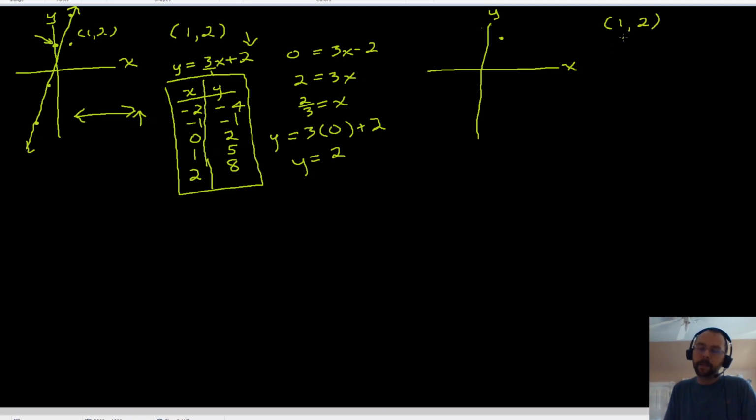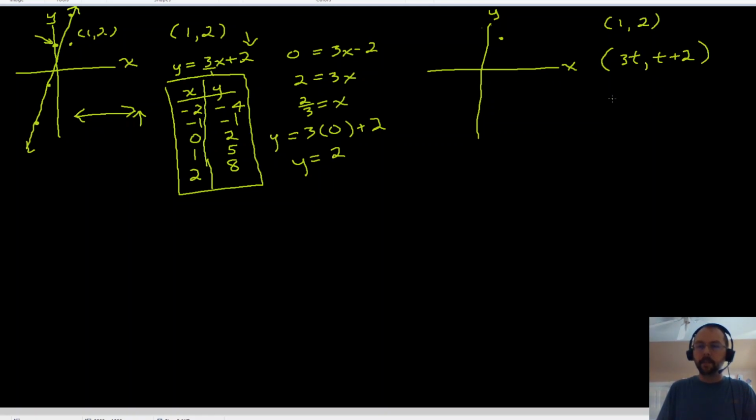Well, a parametric graph sets x equal to some function of a different variable. Typically t is used, so I'll use t. x equals a function of t and y equals a function of t. You can write it out like that, or you can just write it in the parentheses, which I prefer to do. So let's say we had 3t for x and t plus 2 for y.